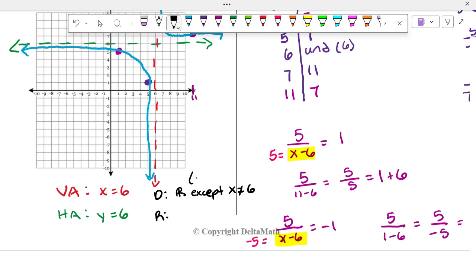Or you could have also written it as -infinity to 6, union 6 to infinity. Either way. What's the range? Right. Same thing, except now it's y can't equal 6. So it'll literally be the exact same thing if you wrote it in interval notation.